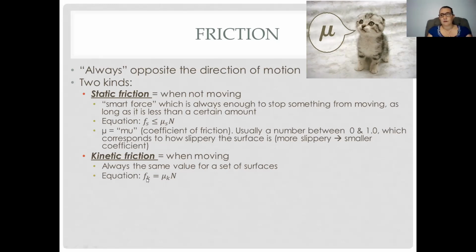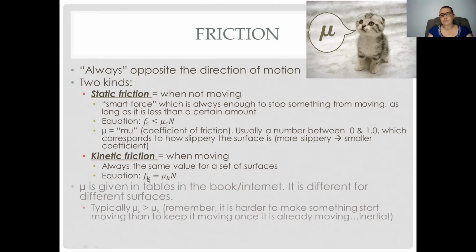That force of kinetic friction is always going to be the same for a given set of surfaces. These coefficients that I keep referring to are just numbers that you can look up in a table in your textbook or on the internet. Again, these are set values for set combinations of surfaces.